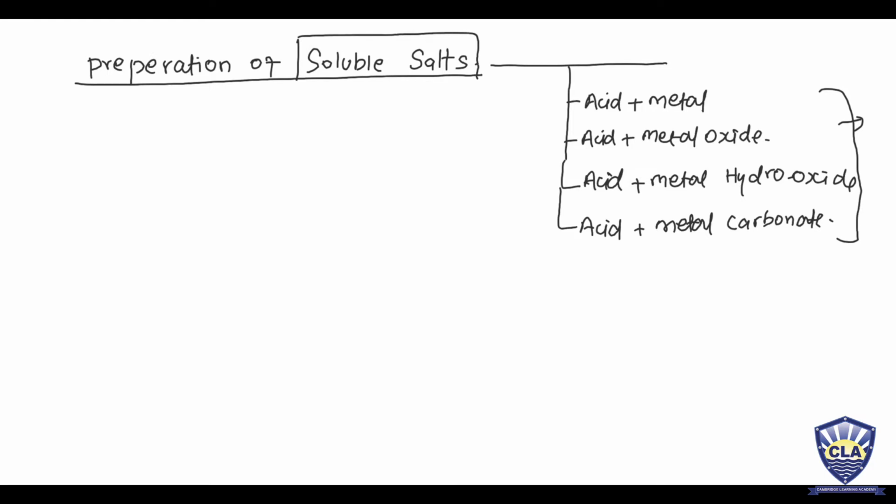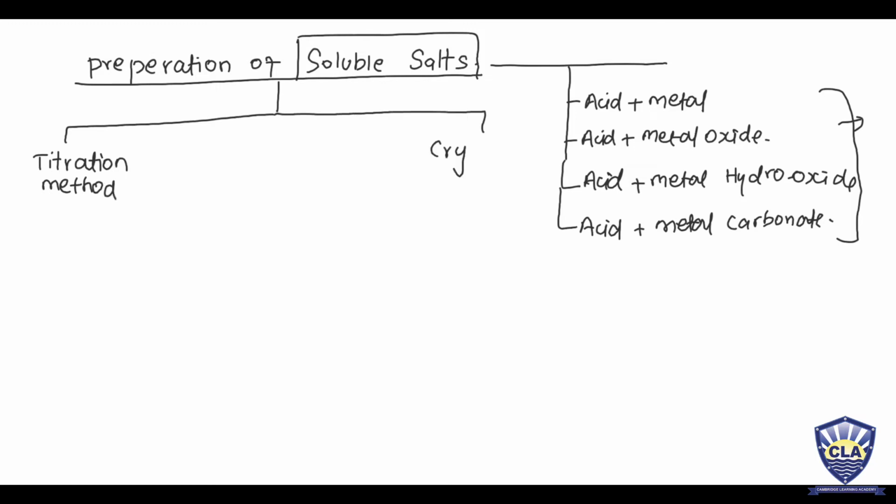If you want to prepare the soluble salt, there are 2 methods, my dear. The first method is called the titration method, and the second method is called the crystallization method. Now listen very carefully.